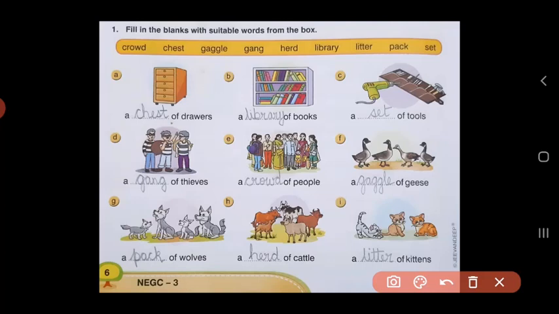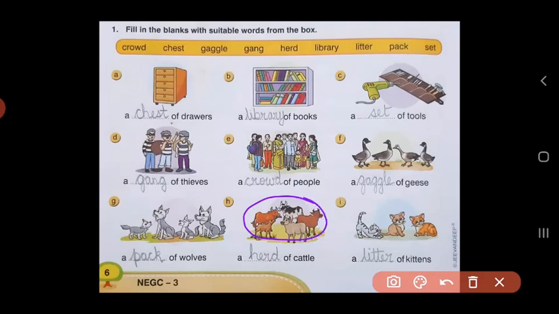Then, these are geese, which are birds. Whenever geese are together, we call it a gaggle of geese. Wolves. When wolves stay together in a group, we call them a pack of wolves. Cattle.